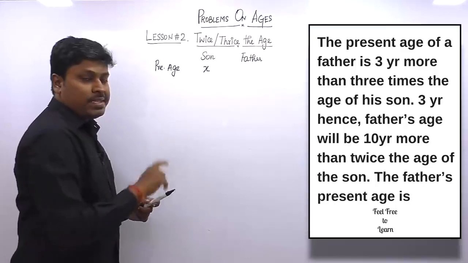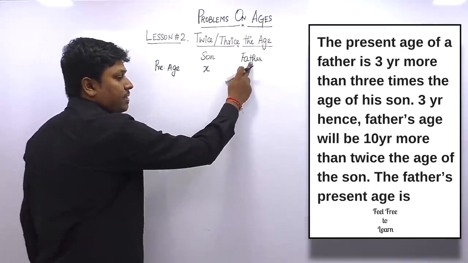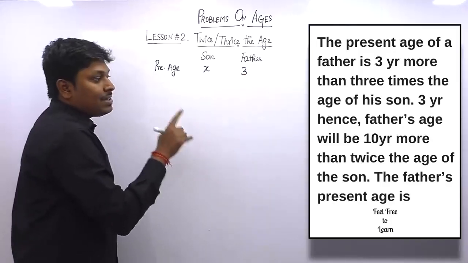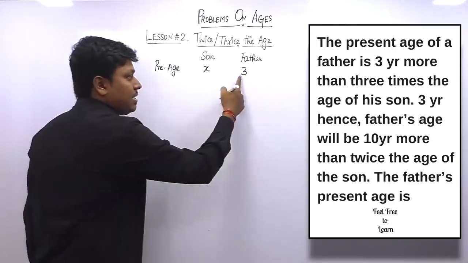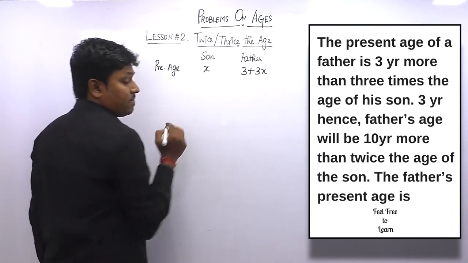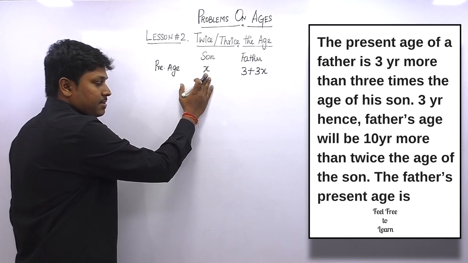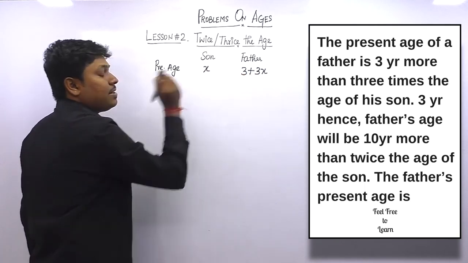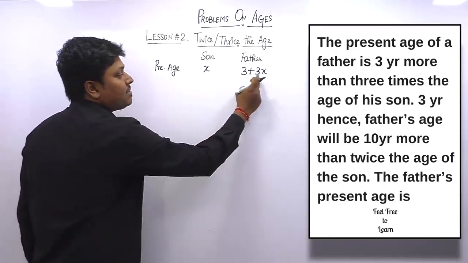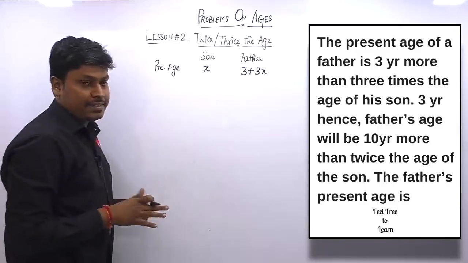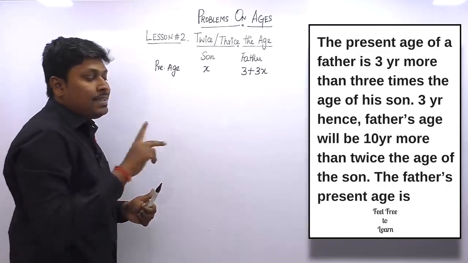So the present age of father is 3 years more than 3 times the age of the son, so 3x. Friends, got it? So son's age is x and the father's age will be 3 years more than 3 times the son's age. So we can say 3 plus 3x will be the father's present age and the present age of the son will be x.